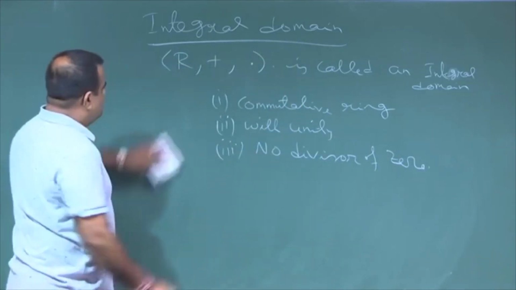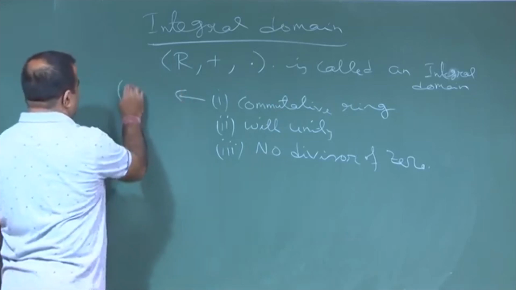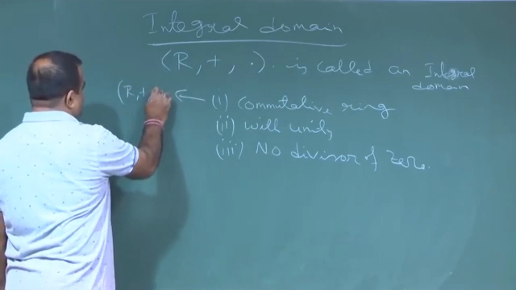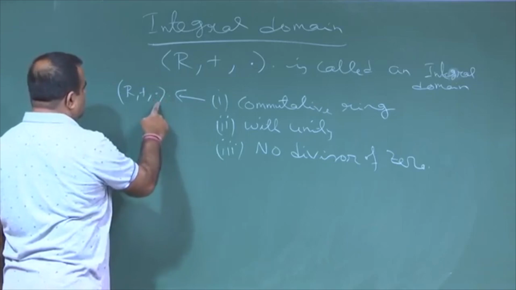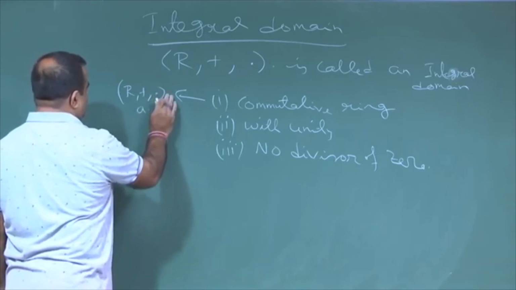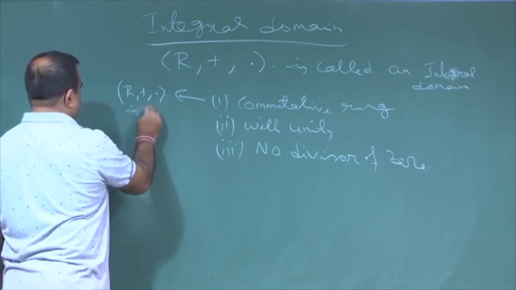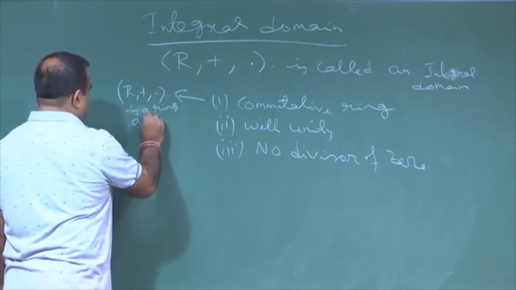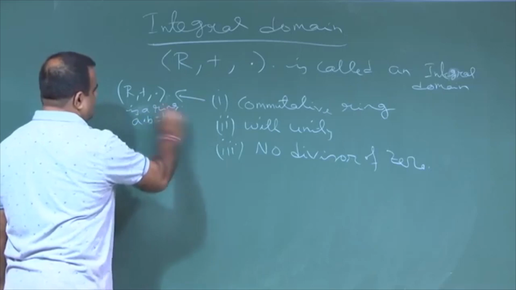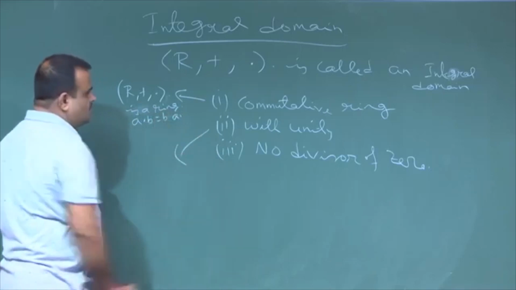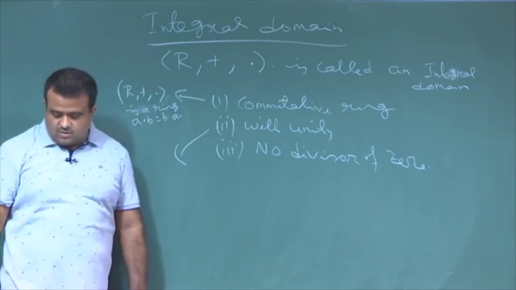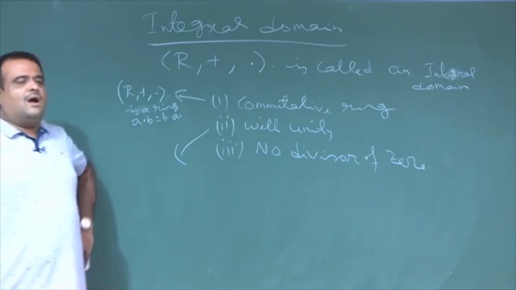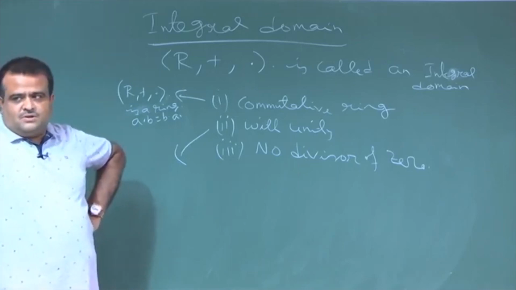So, what do we mean by commutative ring? That means this must be a ring, and the star must be commutative, that means A star B is equal to B star A. And unity means we already have the identity element for the plus, because this is a ring.